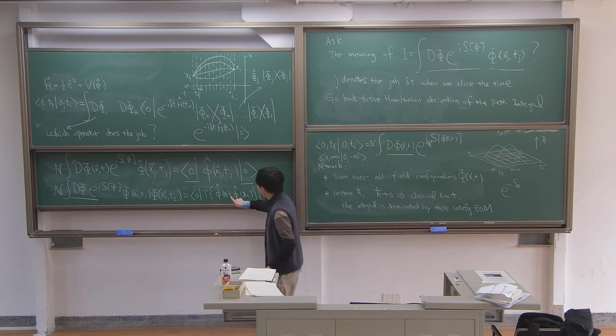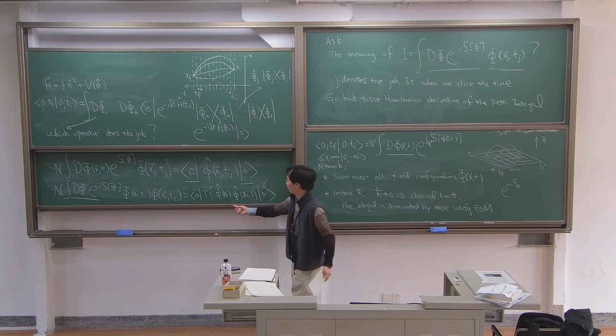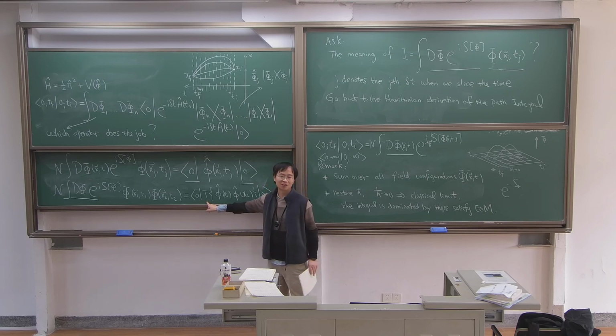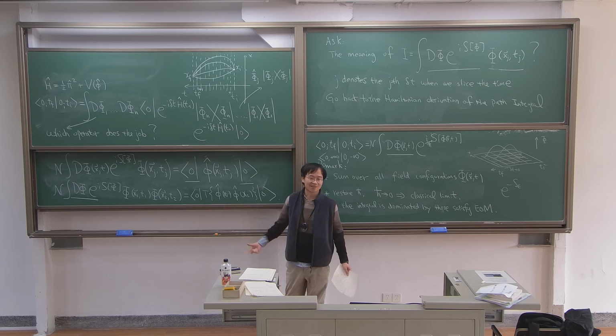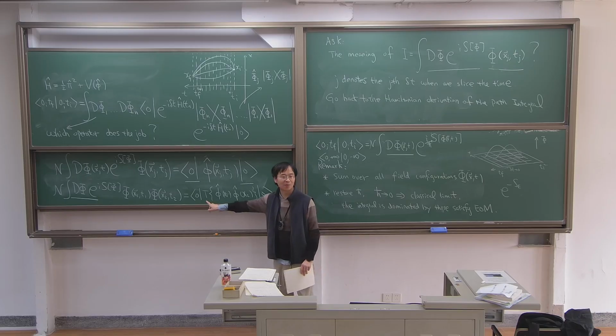And you can have many alternative ways to justify why we pick the time ordering on the right, not something else. For example, you can drop the time ordering.